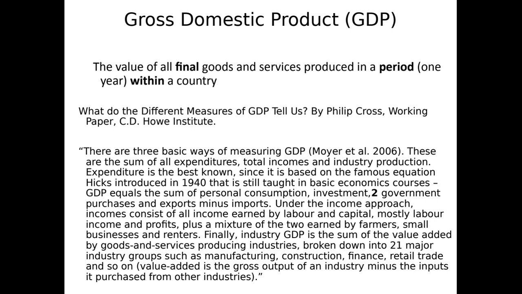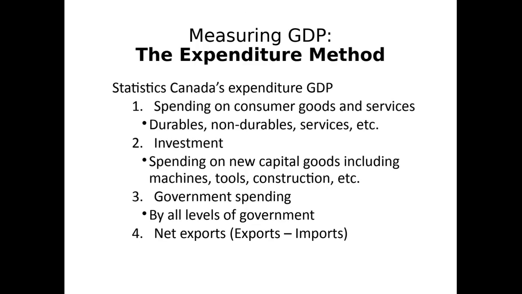So let's talk first about the expenditure approach. Statistics Canada's expenditure approach is basically calculated in this fashion. Spending on consumer goods and services, that includes durable goods, non-durable goods, services, etc. Then investment, different types of investment: spending on new capital goods, including machines, tools, construction, etc. Then government spending by all levels of government, and net exports.